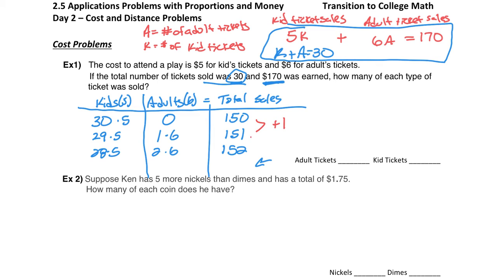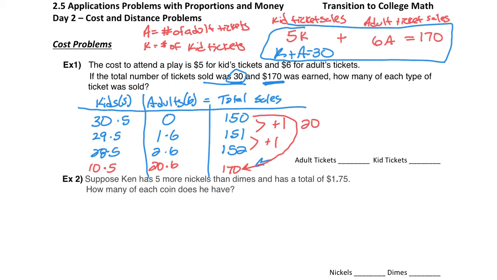When I made 2 tickets, it increased by another $1. So our goal is to get to $170, which means I would have to jump from 150 to get to 170. I have to jump by $20, which means I would have to have 20 adult tickets, which means there'd only be 10 tickets left for students.